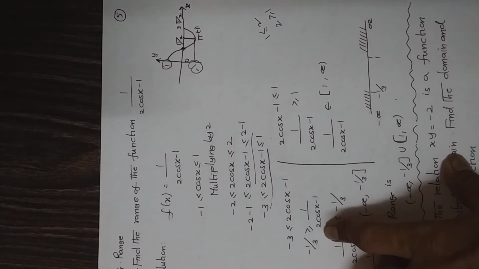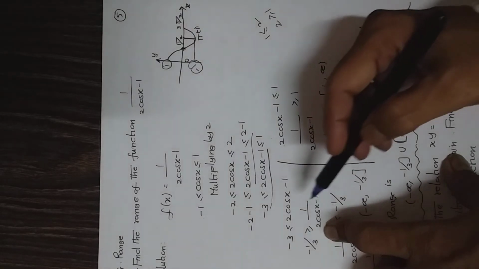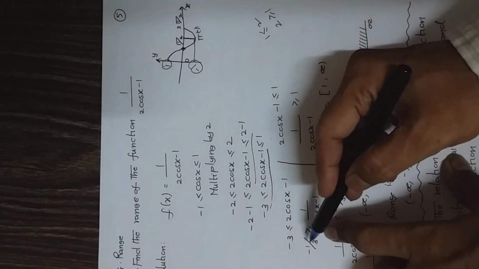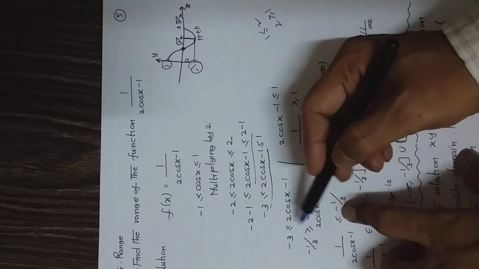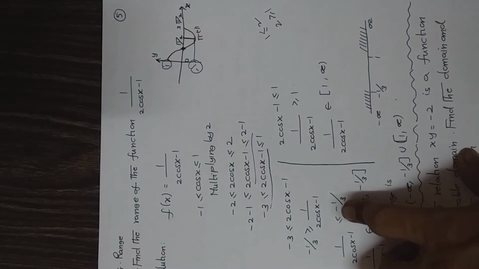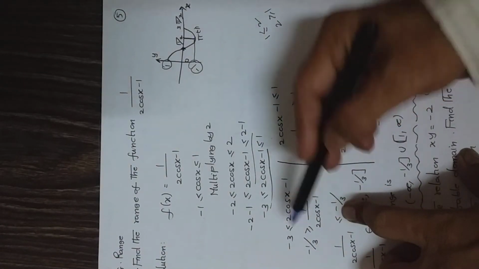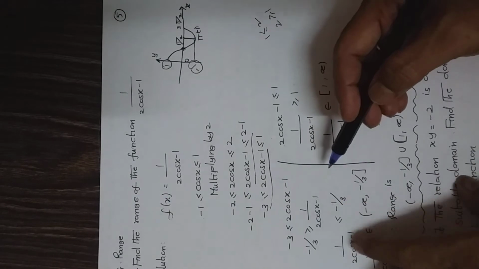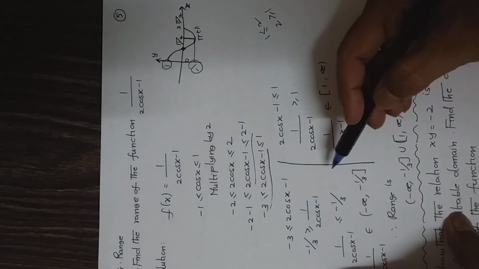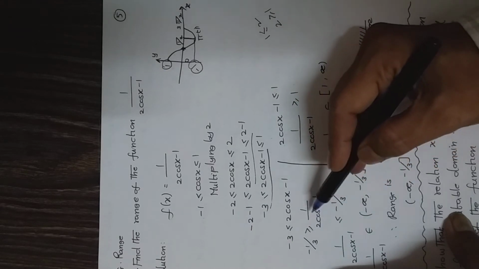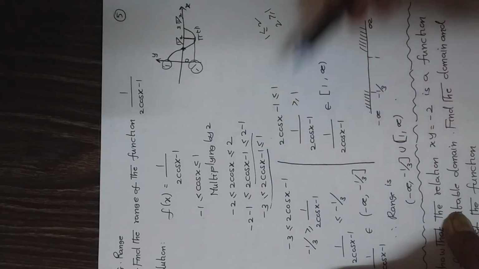So minus 1 by 3, less than or equal to becomes greater than or equal to 1 by this full value. Suppose A is greater than or equal to B, then B is less than or equal to A, like this.